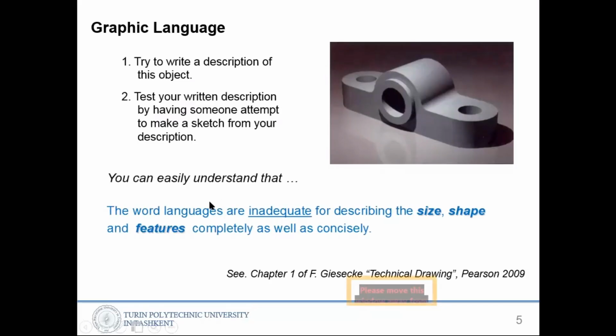You can easily understand the world languages are inadequate, they cannot describe 100% the size, shape, and features. To give the size exactly is difficult using world language. The shape, you cannot describe a shape like this to the other side. It's very difficult.